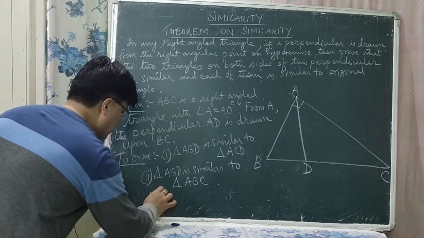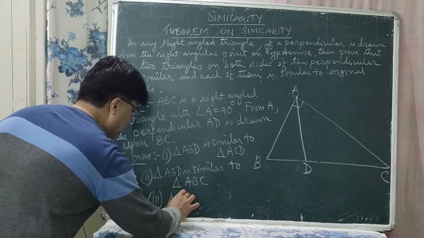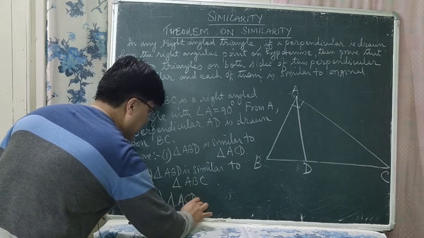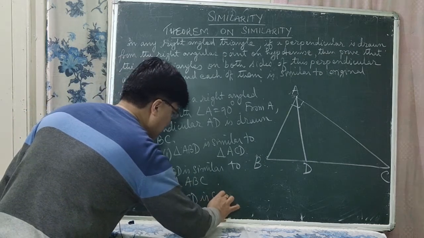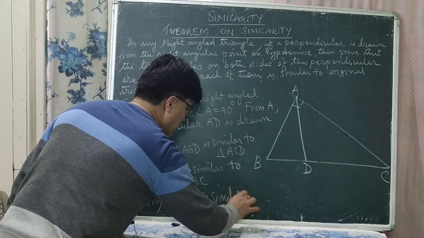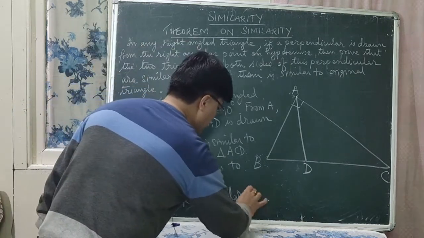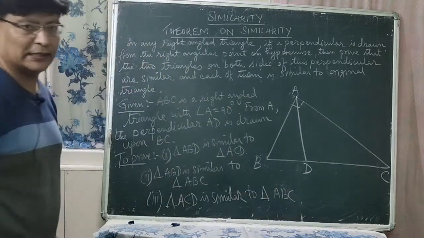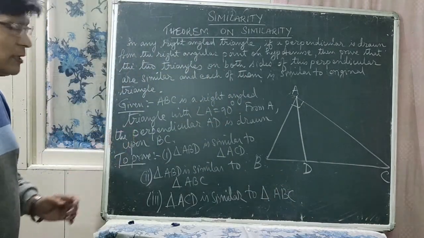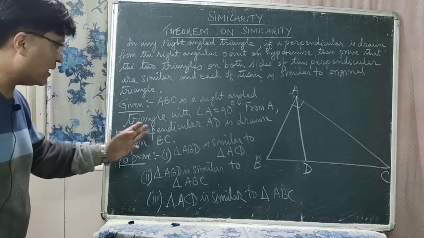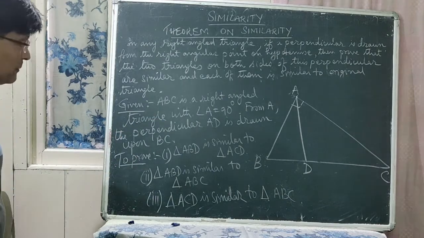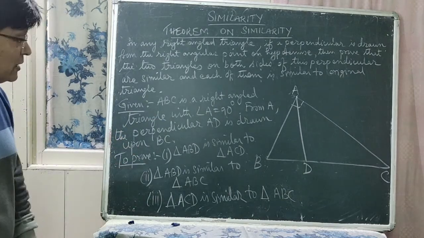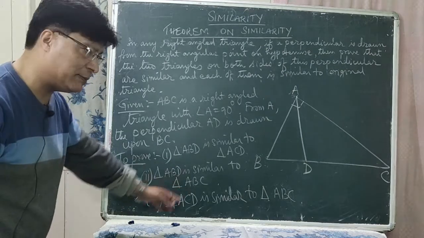And then number 3 is your triangle ACD is similar to the original triangle, that is ABC, right? So number 1 you have to prove is triangle ABD is similar to triangle ACD. Number 2, triangle ABD is similar to triangle ABC.